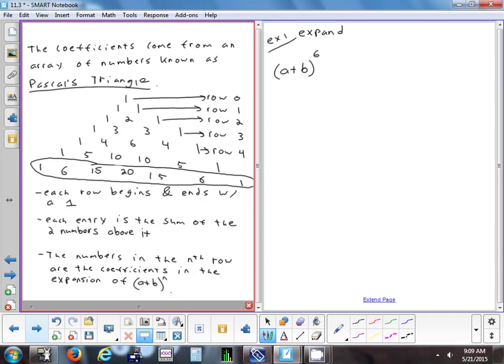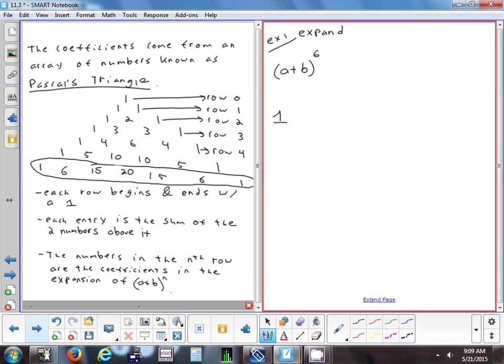Brandon, what's the coefficient of my first term using that sixth row? Yep, it's going to be a 1. And what's going to come after it? A to what power? The 6. A to the sixth. What about b? Do we see b in the first term at all? No, it's like b to the 0. It's not there yet. So that's your first term.